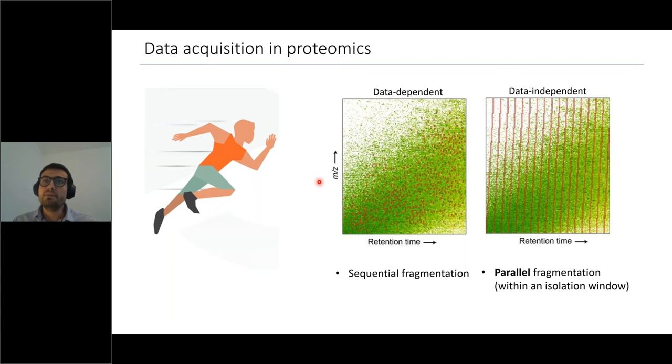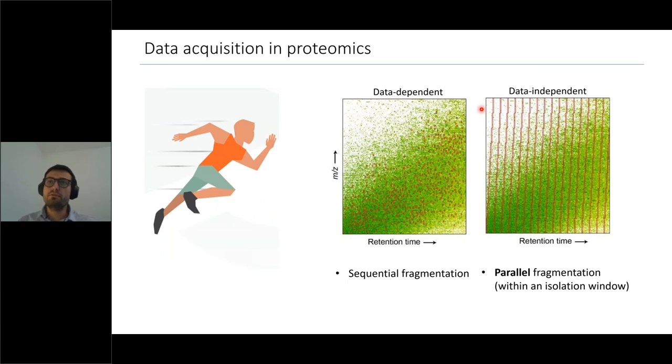Then in data dependent acquisition, the mass spectrometer would basically jump from one feature to another to acquire MS spectra of as many precursors as possible. So this is a sequential process where we go from one precursor to the next, to the next, to the next precursor. In contrast to this, in data independent acquisition, we acquire signals from many precursors in parallel.